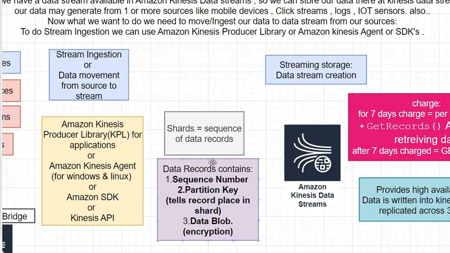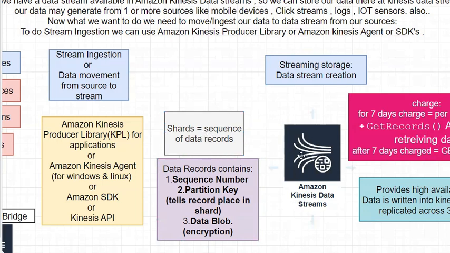Among those shards, how will your data records be distributed? By using the partition key, the data records will be distributed among shards. And inside a shard, how are your data records arranged? By using the sequence number, they are arranged or sorted inside your shard. So what is a shard? It's nothing but a sequence of data records.